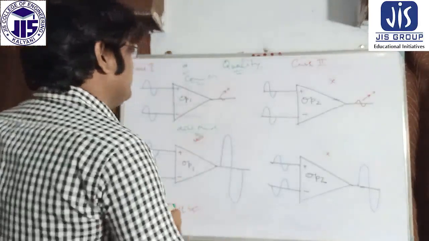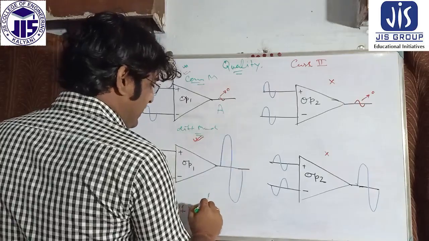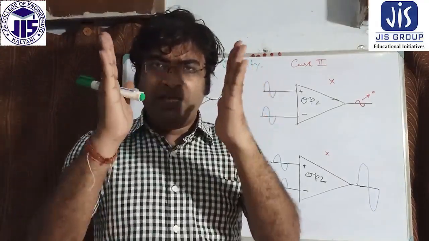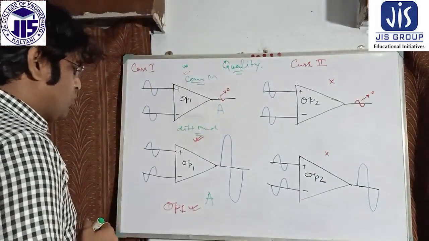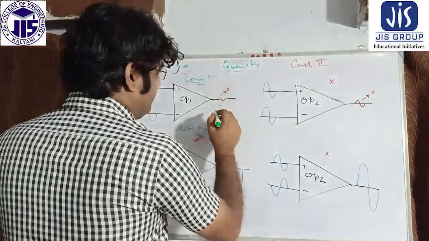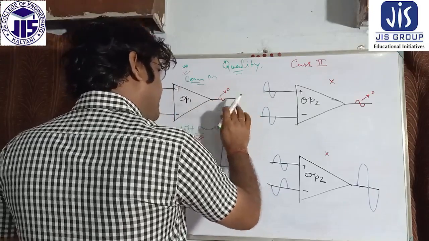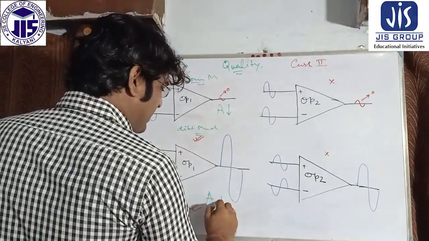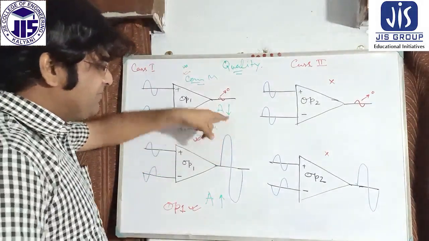Now a very important thing I am considering: I want to determine the gain here and the gain here. If I consider the gain, you can see in this case the gain tends to be very low, and in this case the gain tends to be high, because the input is a difference, so it becomes high.